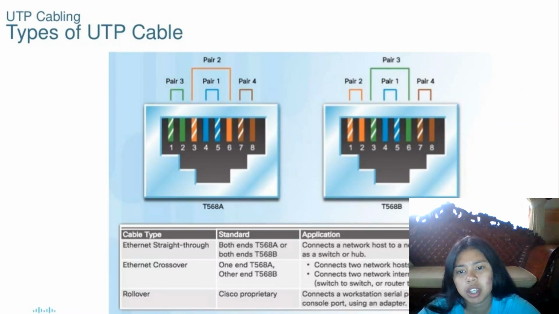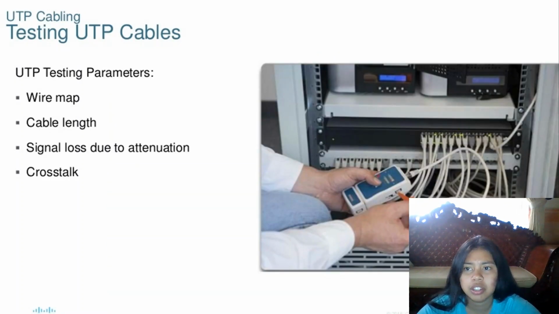Types of UTP cable: Ethernet straight-through, Ethernet crossover, and rollover. Testing UTP cables. UTP testing parameters: wire map, cable length, signal loss due to attenuation, and crosstalk.